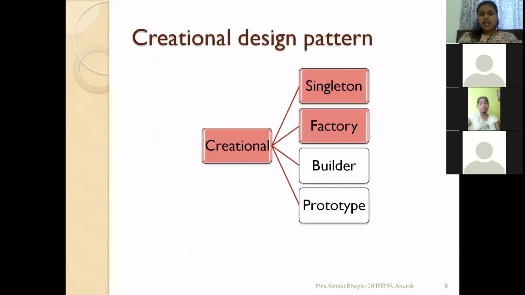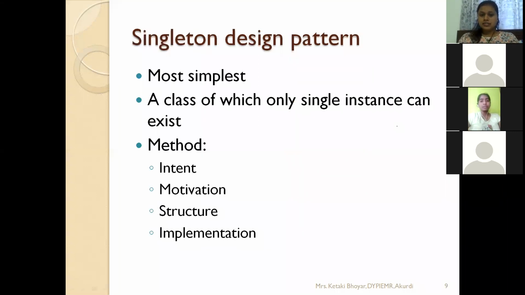So we will start back with the creational design pattern. These are the four different types. Singleton design pattern and factory design pattern are in our syllabus. Initially, we will start with the singleton design pattern. The word singleton itself specifies the meaning of that design pattern.